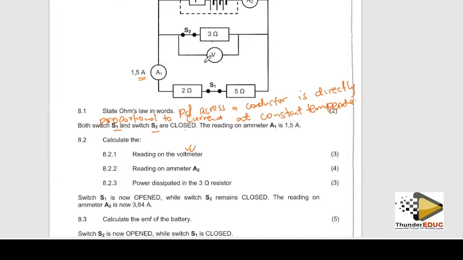Okay. So what I'm going to do, since this and that are in series, I can combine them so that I have a total of 7 ohms. The current through this is going to be 1.5.